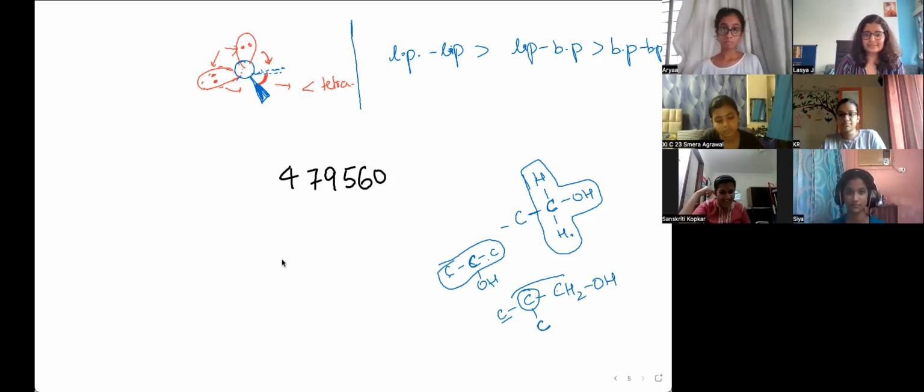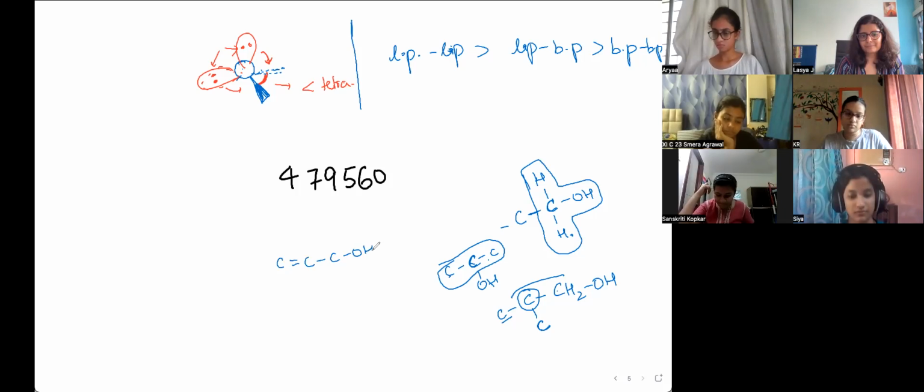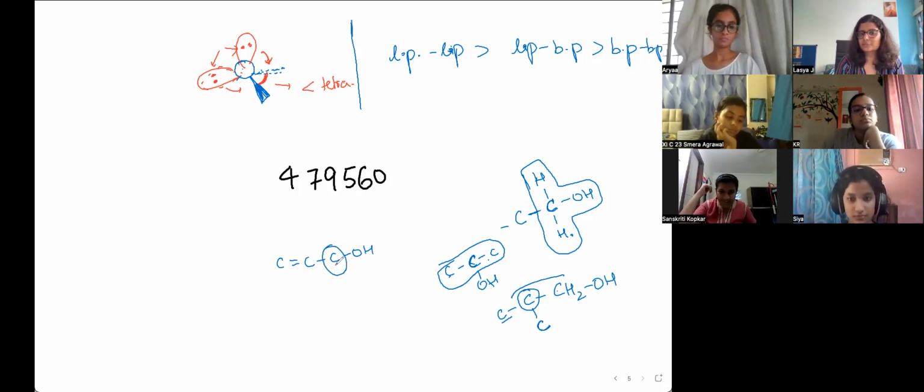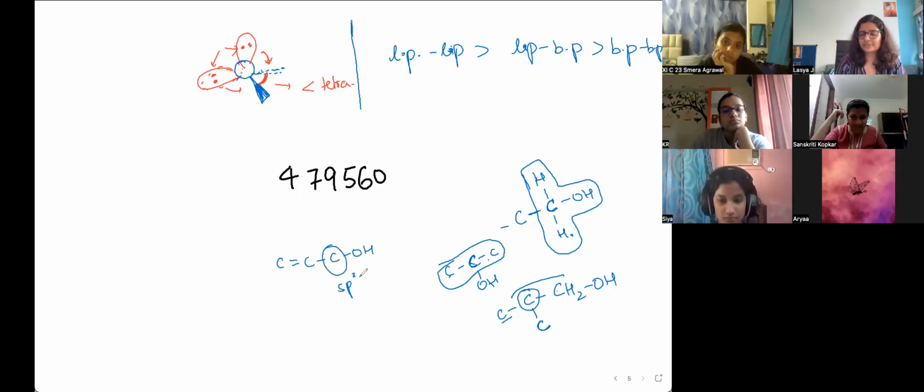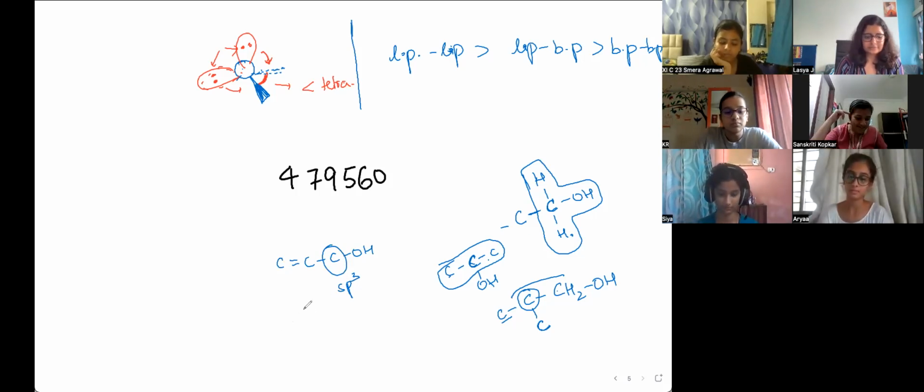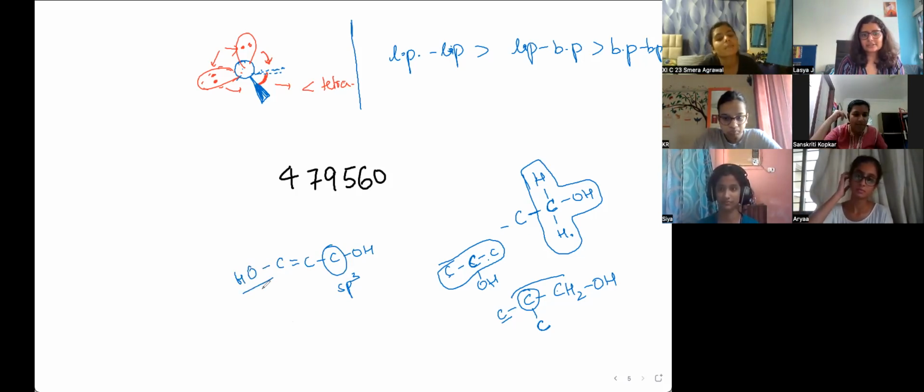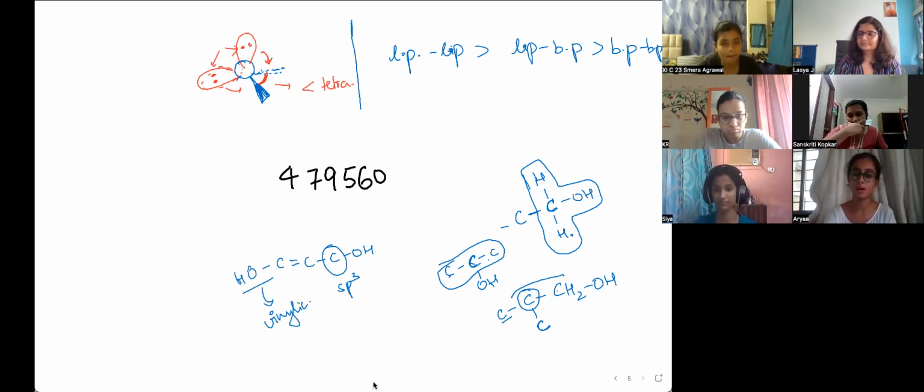Allylic is the one. C double bond C C O H. So this particular carbon सारे single bonds में ही है. So this will be sp3. ठीक है. sp2 अगर यहाँ पे attached है, so then this will be called vinylic. Next.